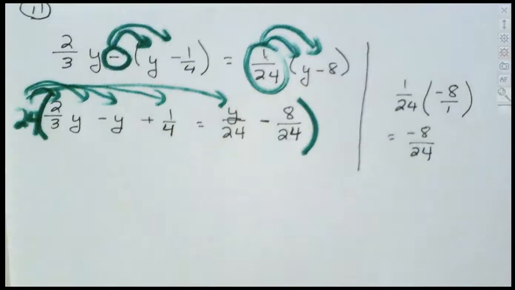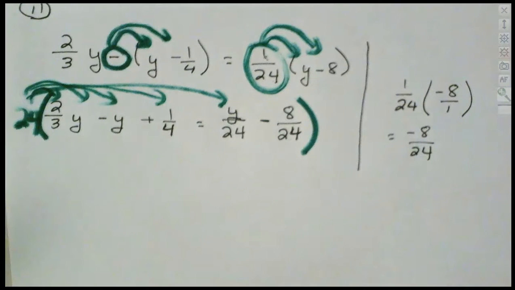So now we've gotten to this point, and we're going to clear these fractions. So how is that done? We divide by the number down below, multiply by the number on the top. So 24 divided by 3. Well, 24 divided by 3 is an 8.